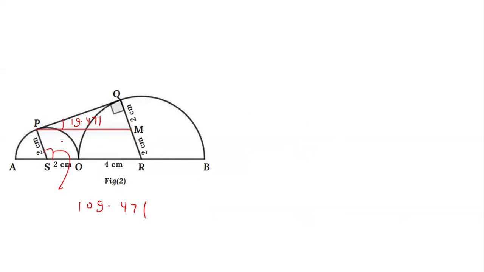So we calculated these angles, and this angle we calculated like 70.529, and this line QR is parallel to the PS. If this angle is 70.529, then this angle is also 70.529.